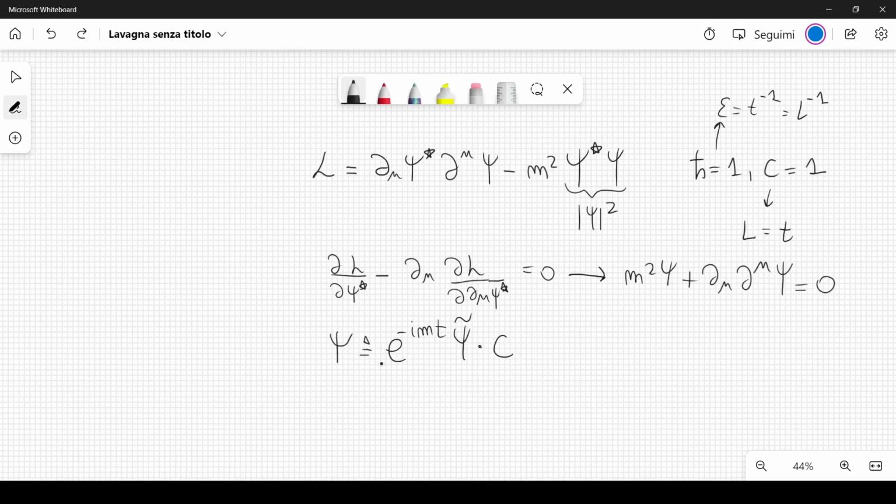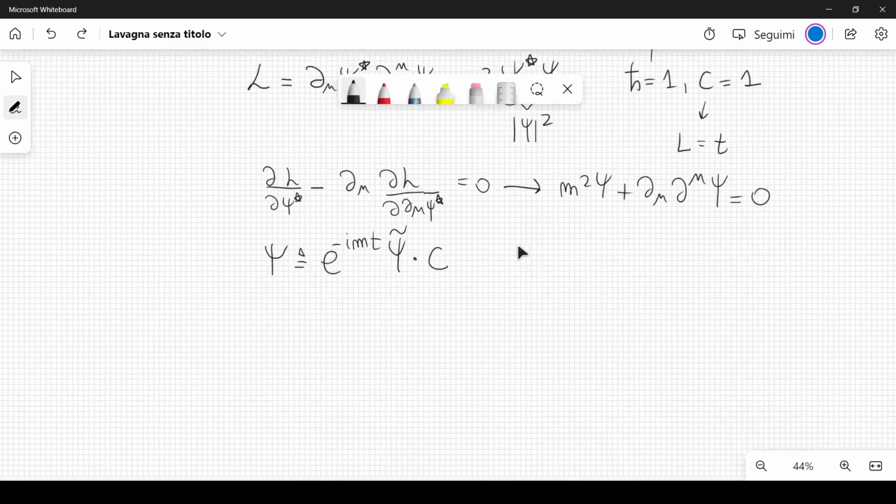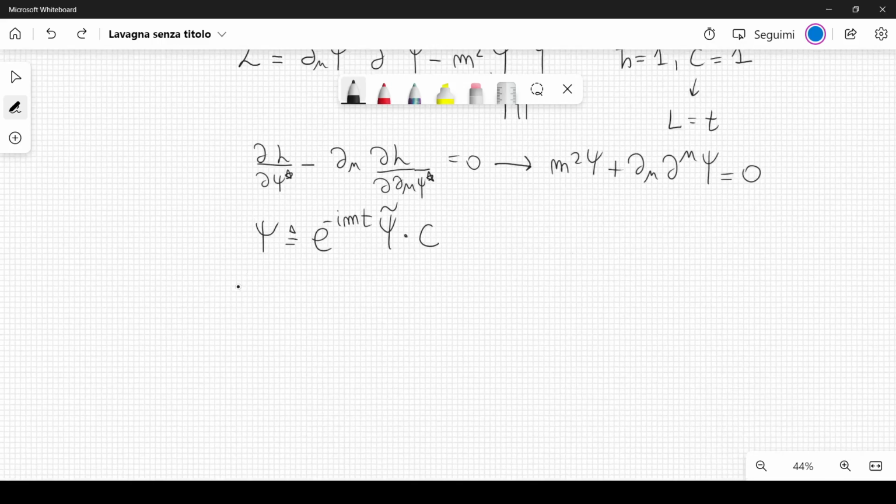We simply have to make this substitution and put it in that equation. So when you put it in that equation, we have m² e^(-imt) ψ tilde. Then we have the constant, but the left-hand side is equal to 0, so the constant can be simplified, right? And then we have plus ∂_t² minus ∇².